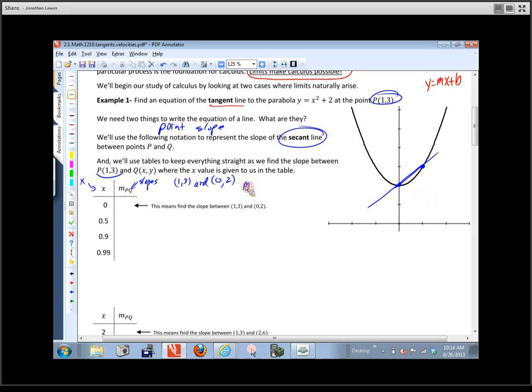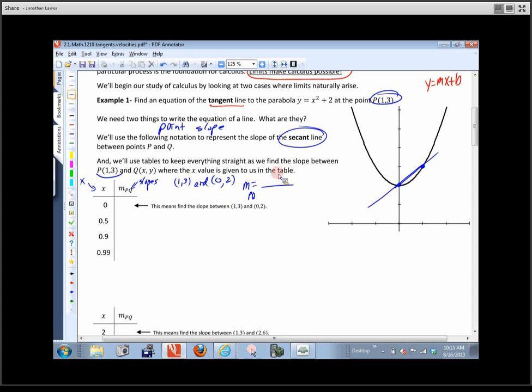I can look at it graphically and figure it out, and I can also figure it out using the slope formula. So the slope between P and Q is going to be, I'm going to switch the order because we normally go from left to right, so this is going to be my x2 and my y2, and this is going to be my x1 and my y1. Well, let's see.